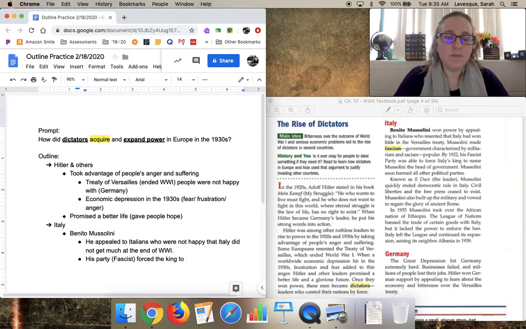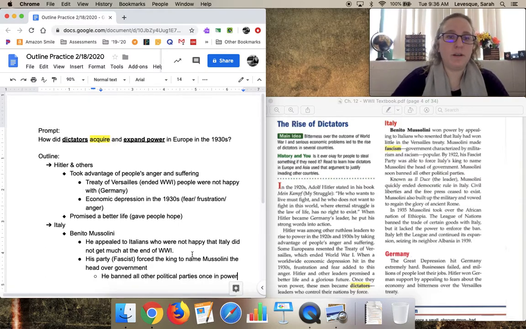Okay, so his party forced the king to name Mussolini the head of government. After that, he banned all other political parties once in power.